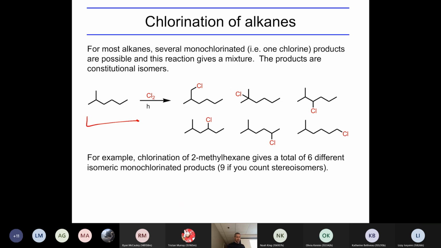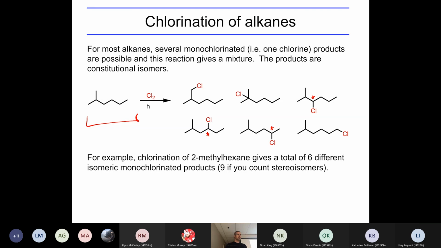Imagine you have this alkane. Not a super complicated alkane. You chlorinate this, there's a whole bunch of different products that you can get, because that chlorine can kind of go anywhere. And it turns out chlorine isn't that selective. It'll give you a little bit of all of these. By the way, this has a chiral center, and this has a chiral center, and this has a chiral center. So there's 3 more in addition, right?